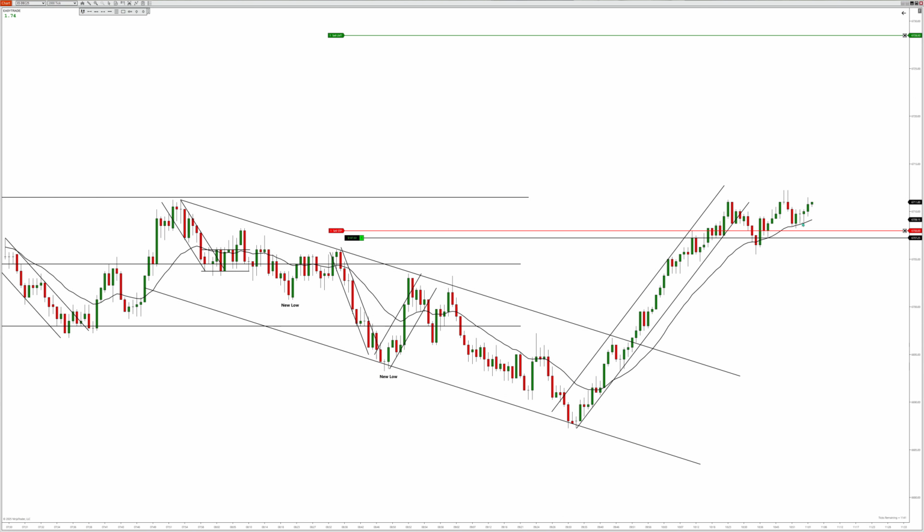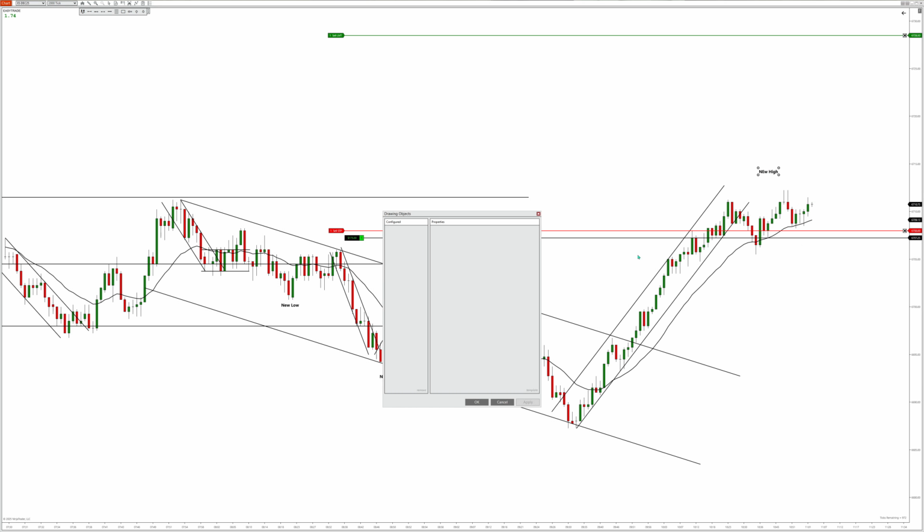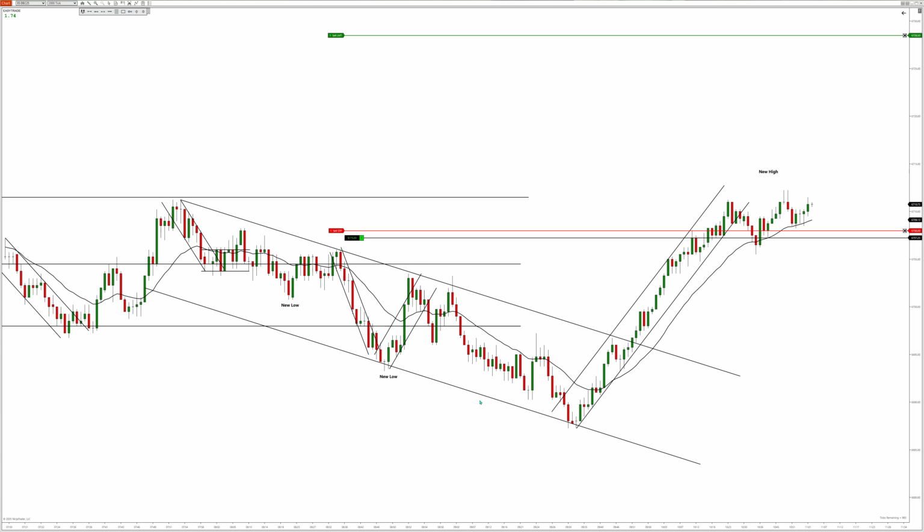Okay, so the fact that we rejected off of the EMA after new extreme is a really good sign that there might be a secondary channel. Something like this possibly, some kind of spike in channel along these lines.